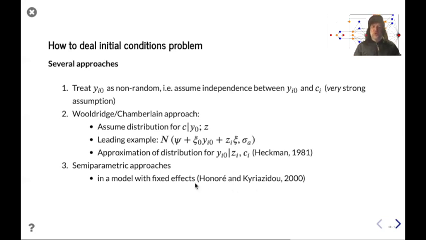What they're doing here is something else. It's like a fixed effects approach where they are not making any distributional assumptions on C. They are really trying to get rid of C with some tricks that are similar to those tricks that we're making in the fixed effects logit.